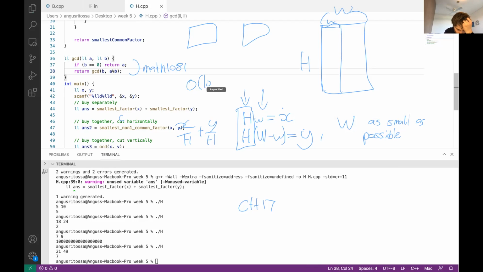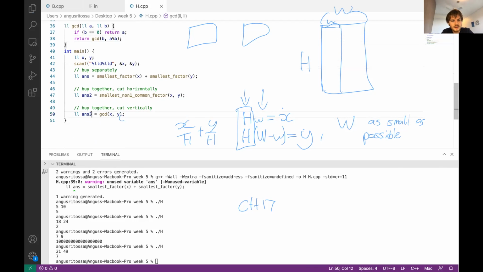The reason is that each time you do this A mod B, the proof is a bit fiddly, but you can show that it reduces logarithmically in terms of the size each time. So that's GCD. So we find the big H is GCD of X and Y.